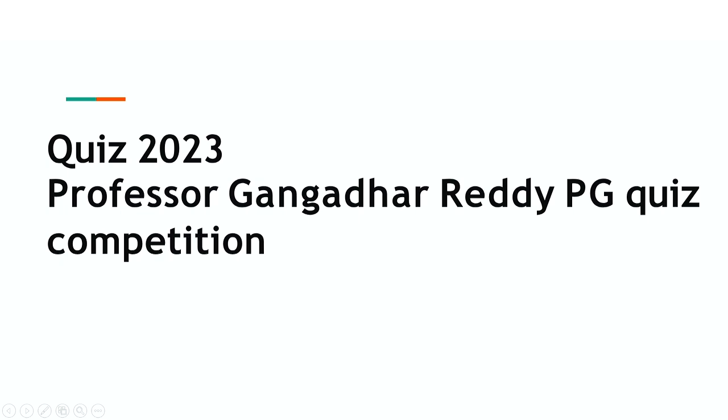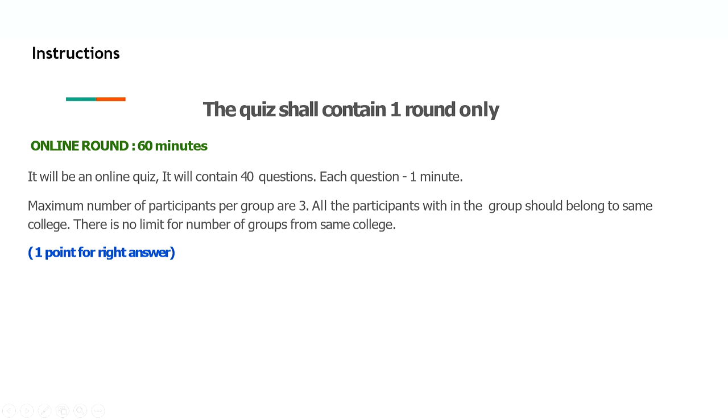Okay. So the quiz will be conducted for about an hour, and it will have only one round of 40 questions. All of them will be multiple choice questions, and you will have to pick the ABCD, whatever is your choice. And you will have a timer.